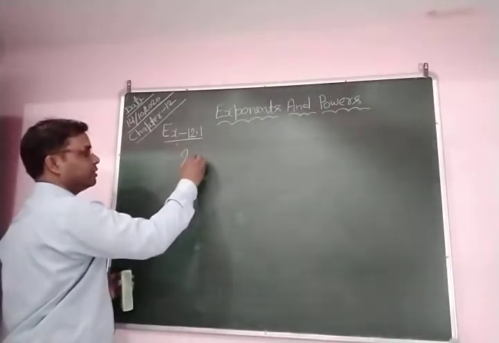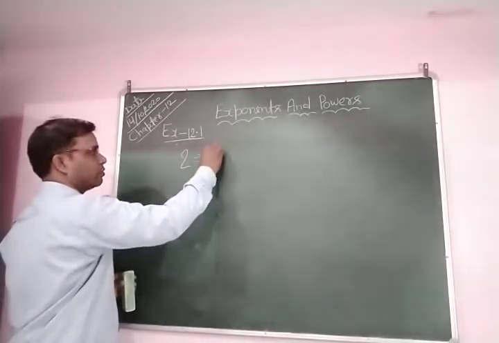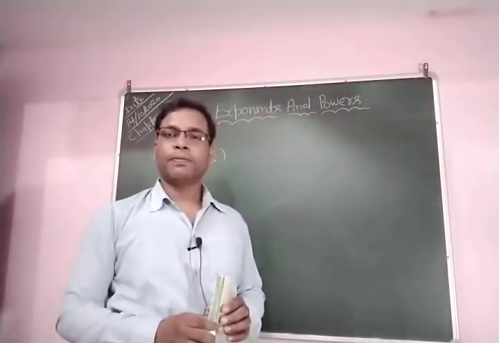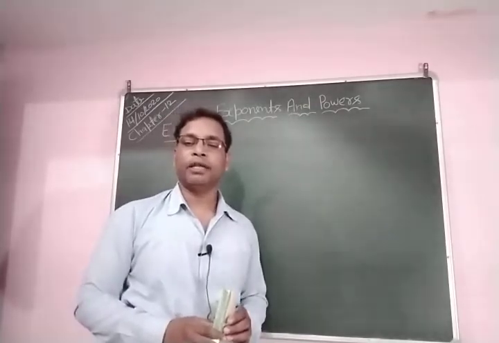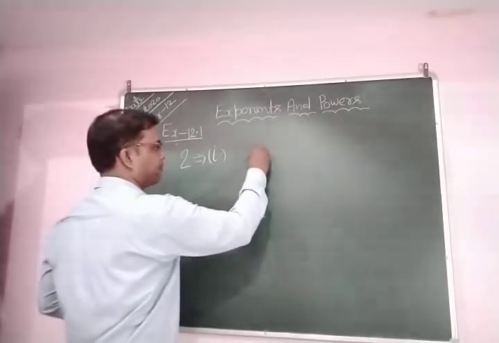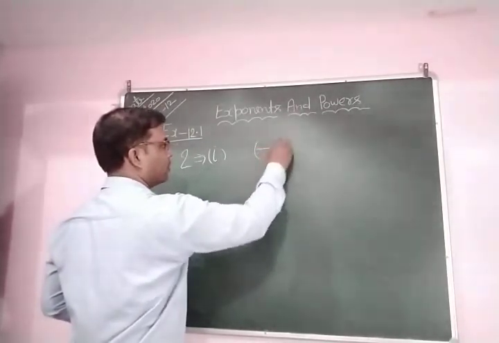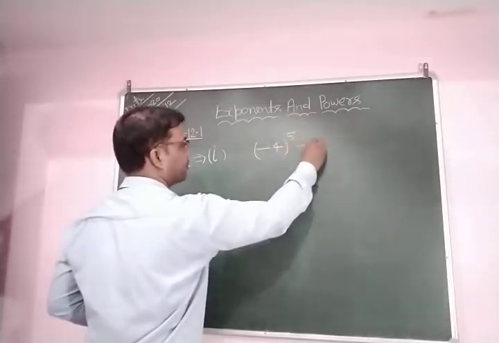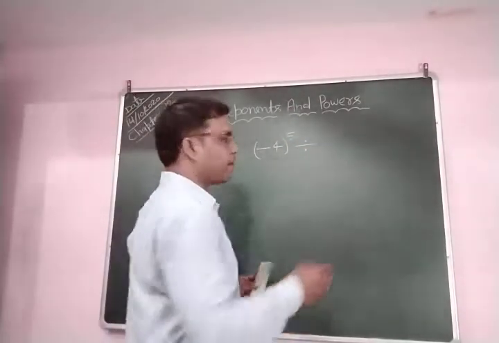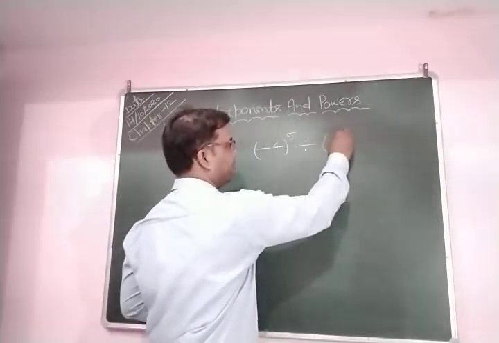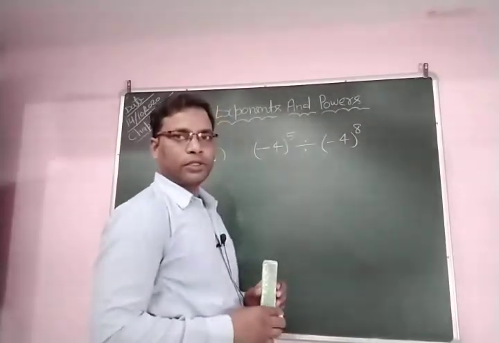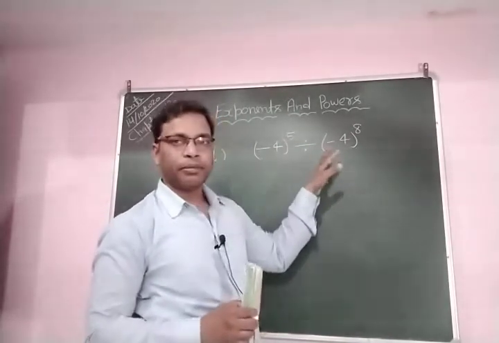So this is the second question, first part. Minus 4 whole power 5 divided by minus 4 whole power 8. This is a case of division, and you can see here the bases are same.